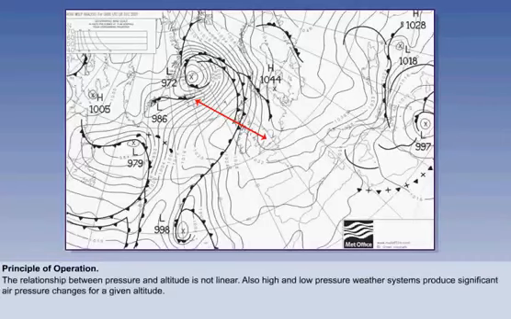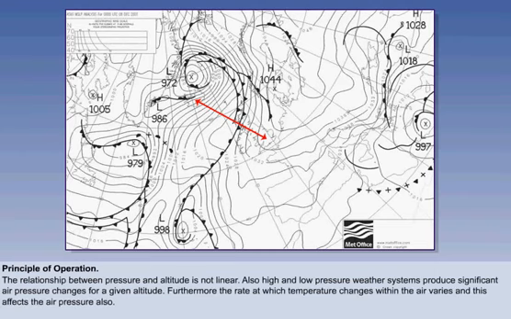Unfortunately, the relationship between pressure and altitude is not linear. Additionally, high and low pressure weather systems can produce significant air pressure changes for any given altitude. If we look at the isobar chart shown here, we can see that if we were to travel from the UK to Iceland at mean sea level, the air pressure above us will change from around 1036 millibars or hectopascals to approximately 996 millibars or hectopascals.